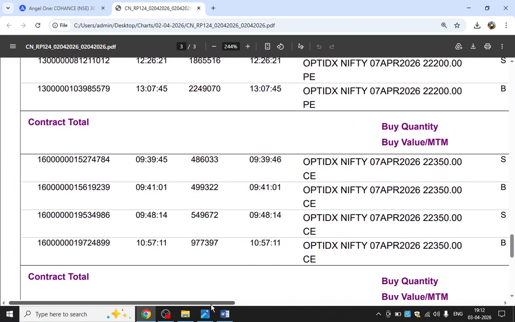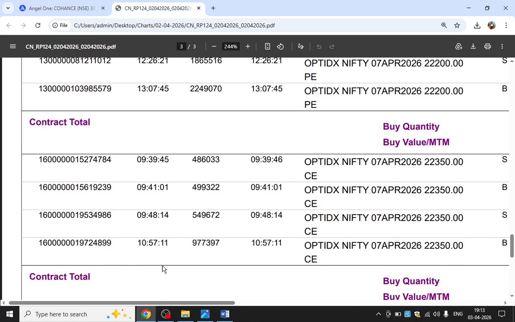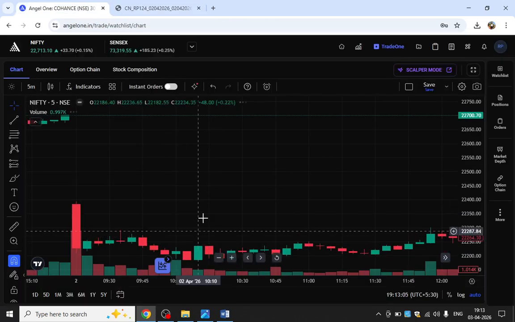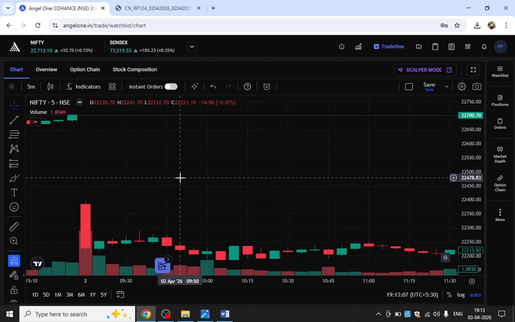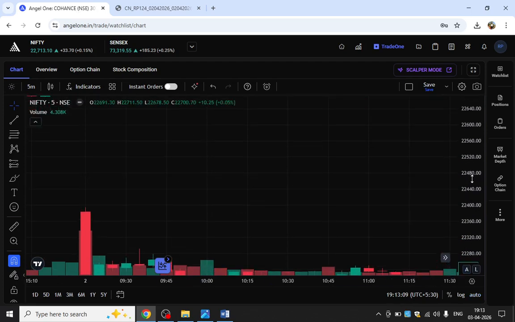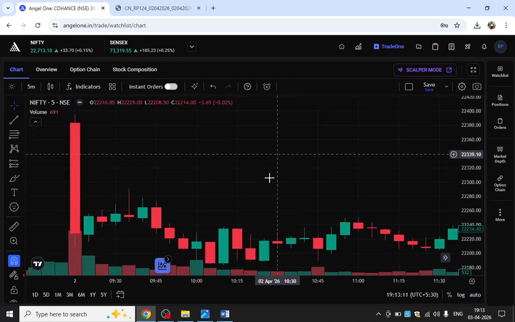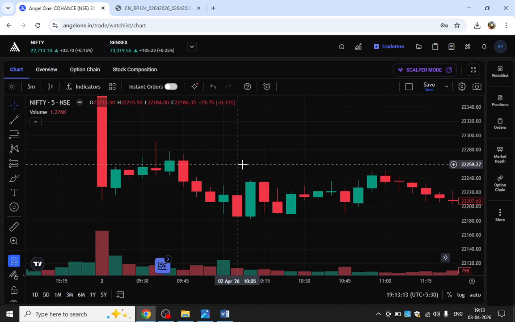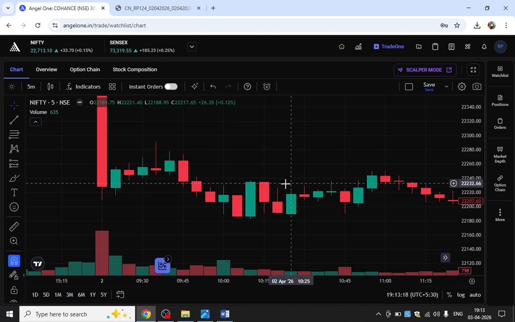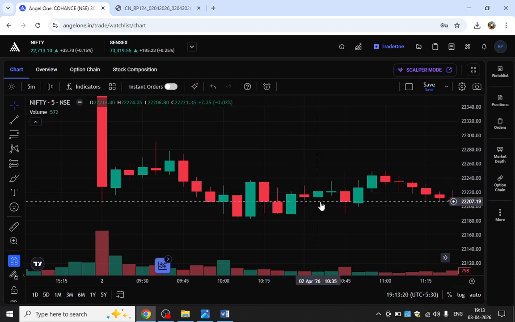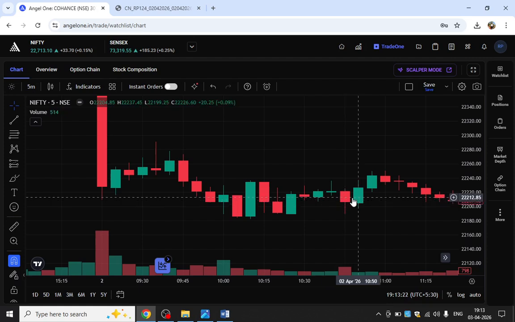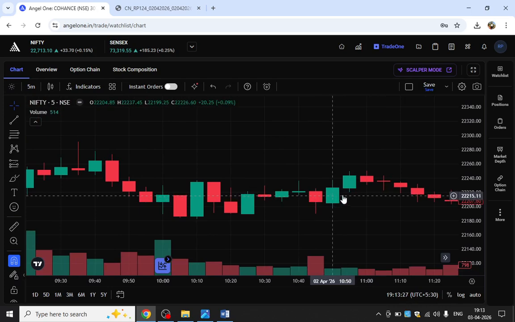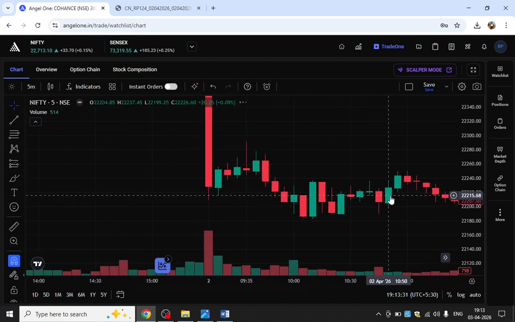Let's see where is 10:57. Okay, around this point I have got out of my trade.